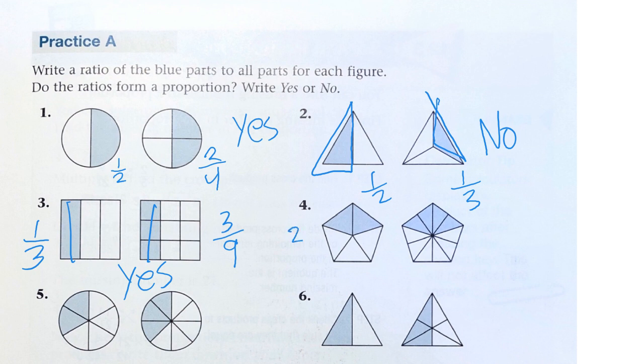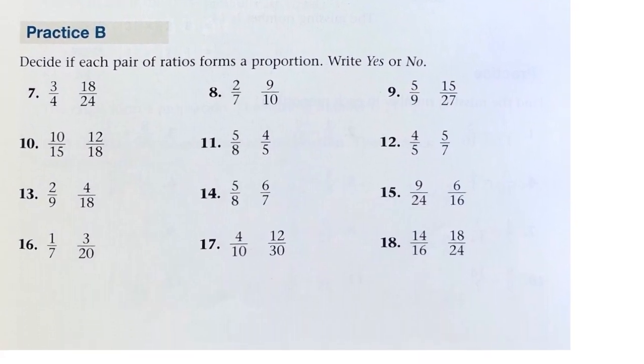We've got 2 is to 5 as 1, 2, 3, 4, 5, 6, 7, 8, 9, 10. So 2 is to 4 as 5 is to 10. Yes, that is a proportion. All right, let's look at the next practice. I think that will have the math.